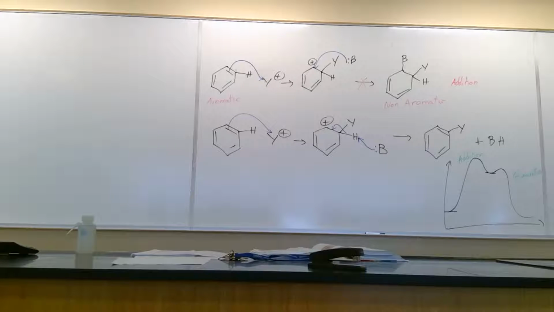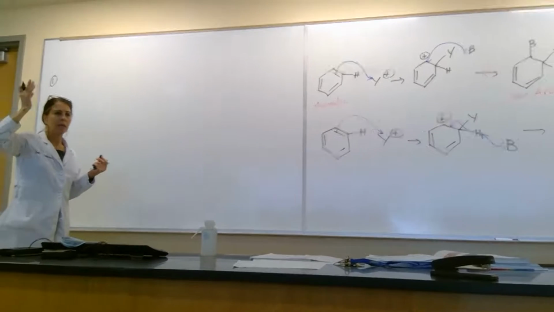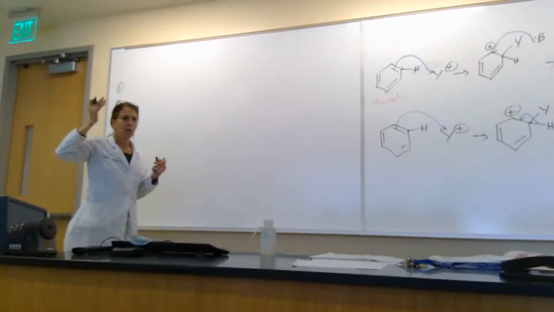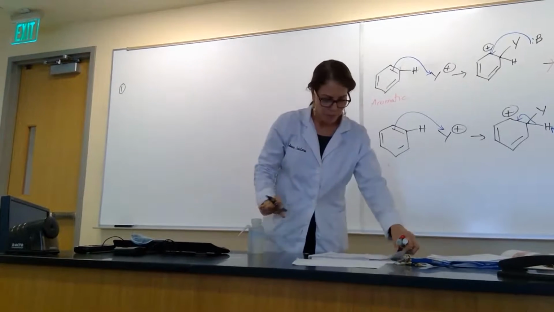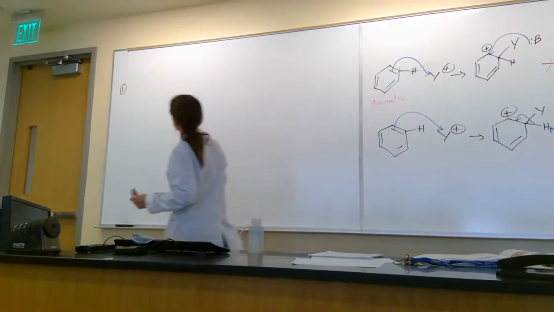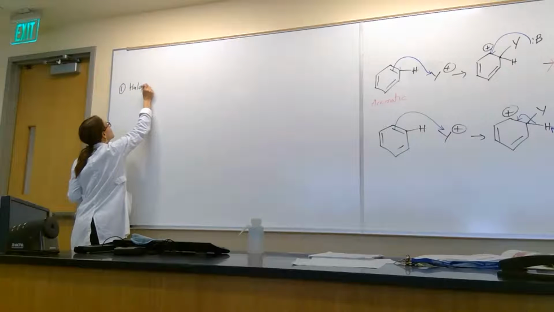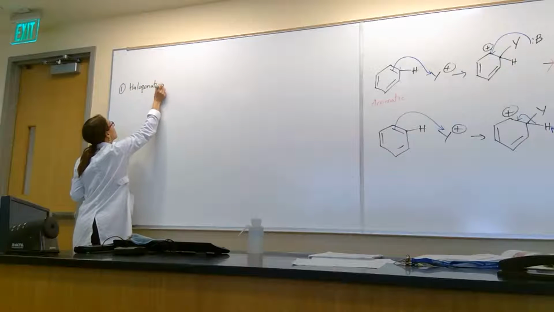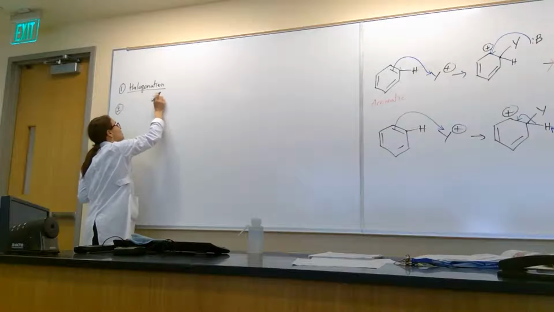Okay, now what type of reactions do you have with benzene? Good news is there are only 4. They don't have to be in order, but I'm just going to tell you what they are. The first one is halogenation. The second one, so what does it mean, halogenation?